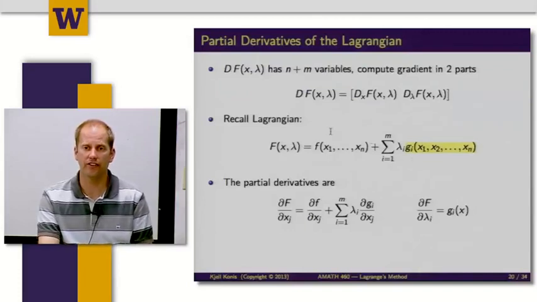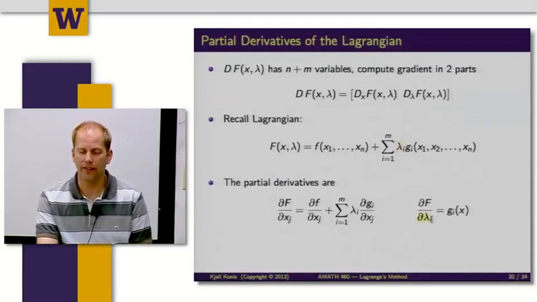It's also a function just of the x variables. So the only place the Lagrange multipliers show up is in the lambda i terms. And so when I'm taking the partial derivative with respect to lambda i, every one of these is going to be equal to 0 except for lambda i. And so what I end up with is just gi of x.